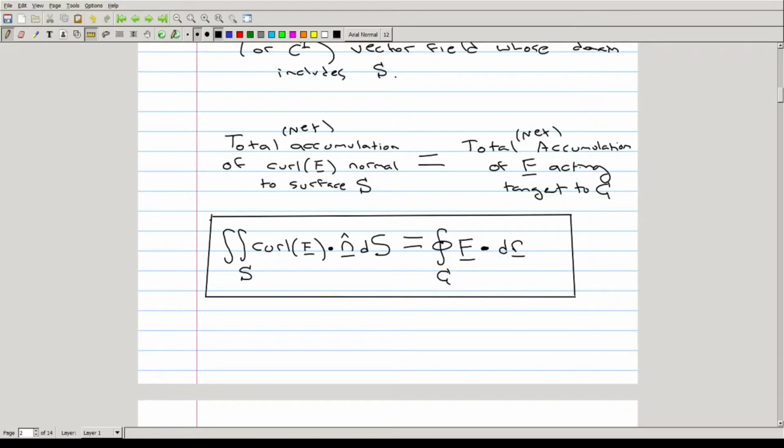It's like saying that the total integral of some sort of derivative of the vector field on some region S is directly equal to the value of f on the boundary in a specified direction.